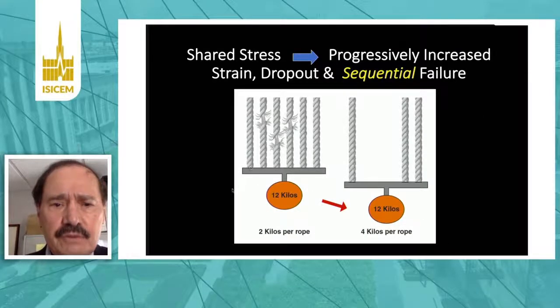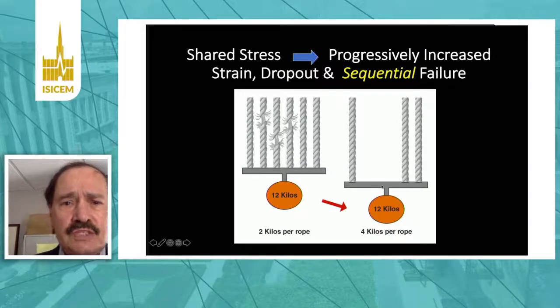If you have a fixed amount of stress, let's call it 12 kilograms of weight, supported by 6 ropes, 3 of which are frayed, and those frayed ropes rupture, they put more stress on the parallel units that are still intact, and the strain and the stress both increase.